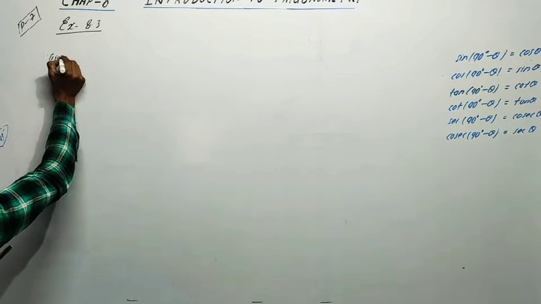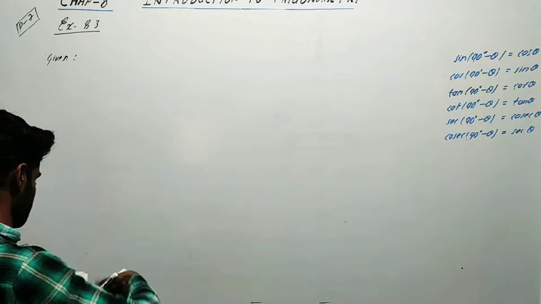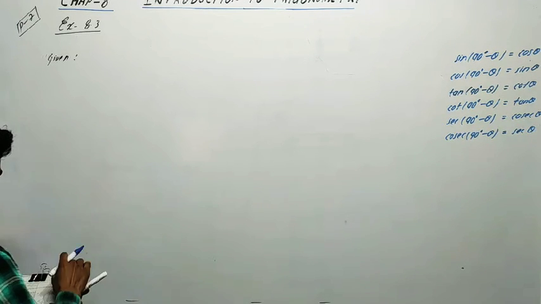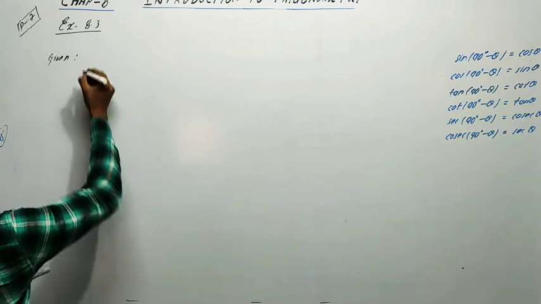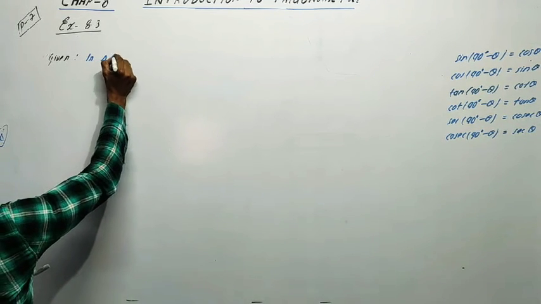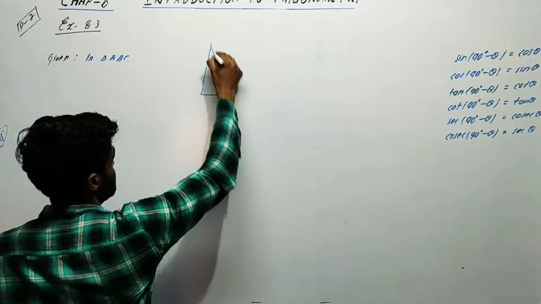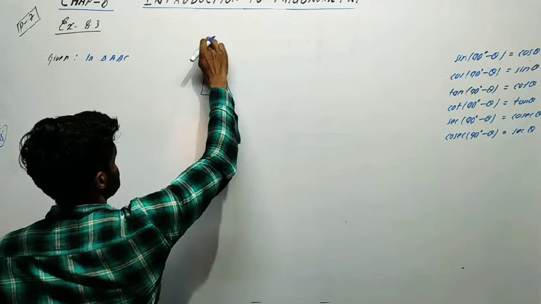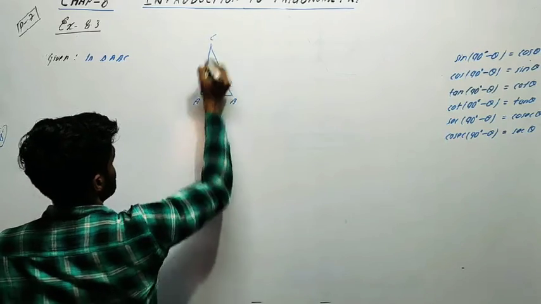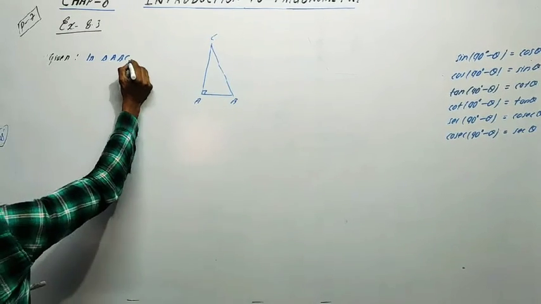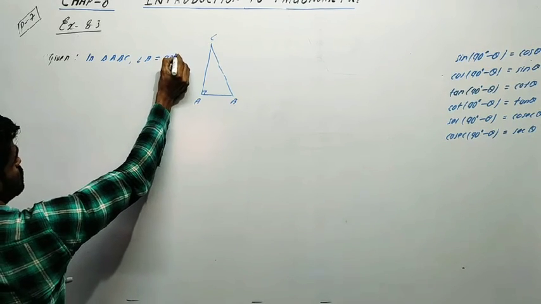Given: in triangle ABC, here is a right angle triangle ABC, right angled at A. Angle A is equal to 90 degrees.